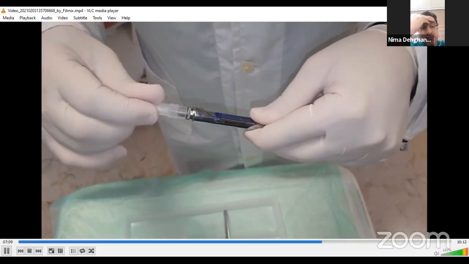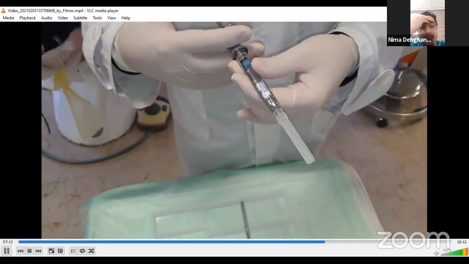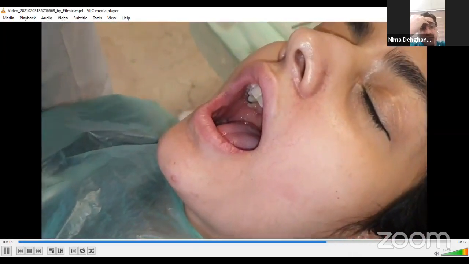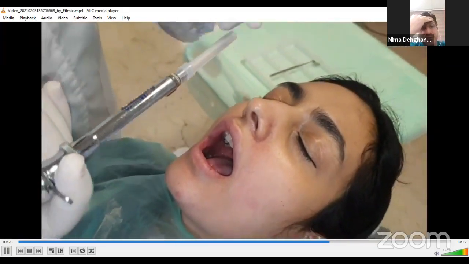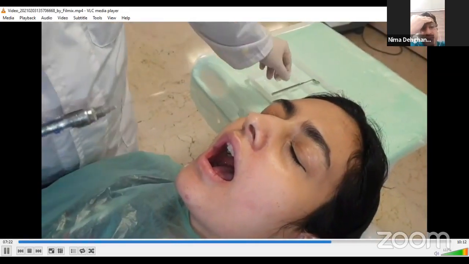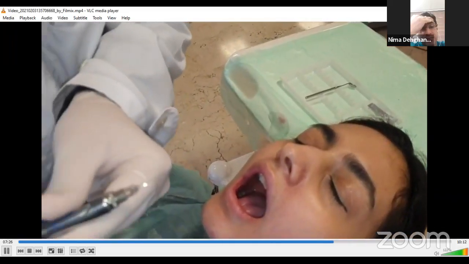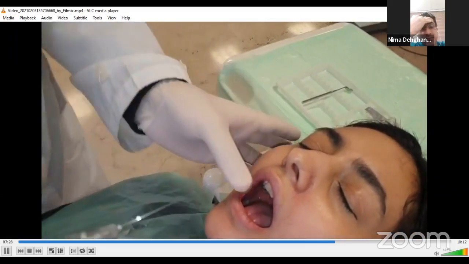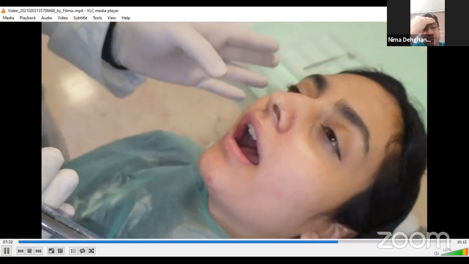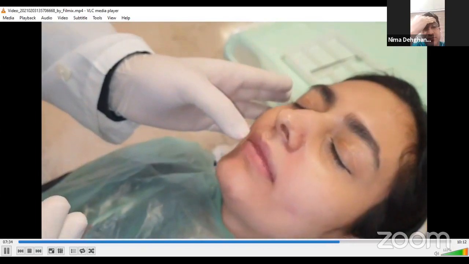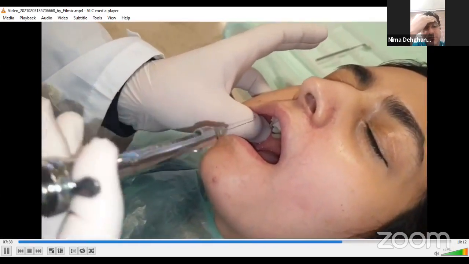Completely put the needle in the syringe. First we test the syringe, and then we locate the landmarks in the mouth. The patient should open the mouth completely.